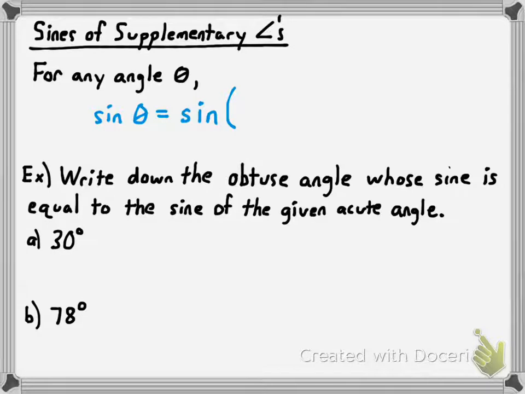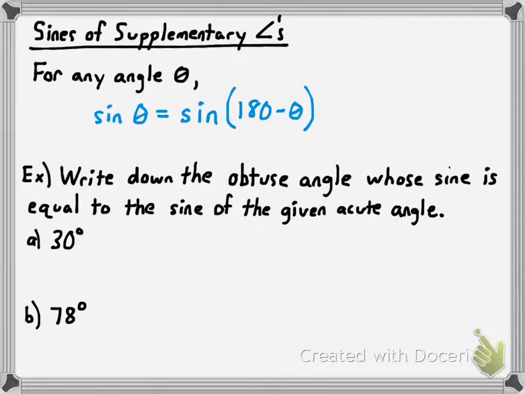Now, how do I show that the sine of theta equals the sine of its supplement? Well, if you were trying to find the supplement of, say, 50 degrees, wouldn't you subtract that from 180? So if I'm trying to find the supplement of theta, I would subtract theta from 180 to find its supplement. The sine of theta equals the sine of 180 minus theta every time.